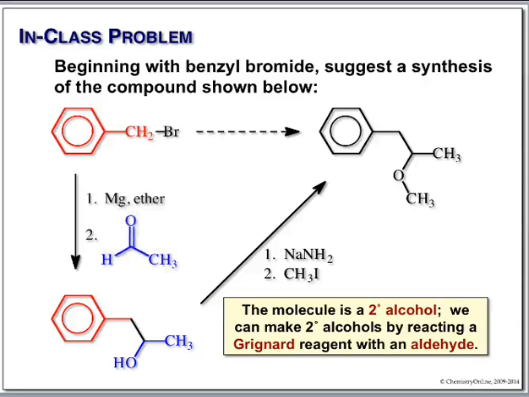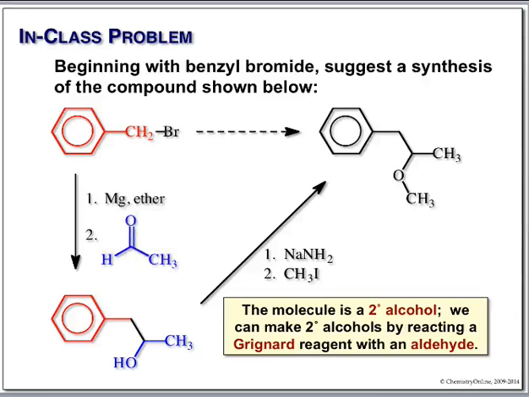Convert this to the Grignard, react it with ethanal, or acetaldehyde, as it's commonly known. These are the two carbons down here. This converts to the OH.